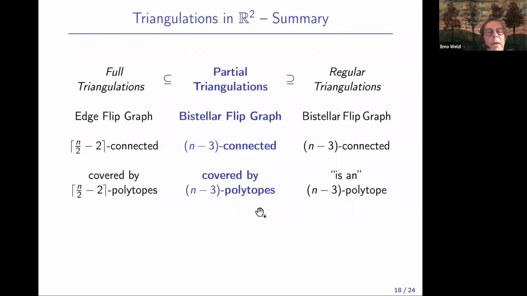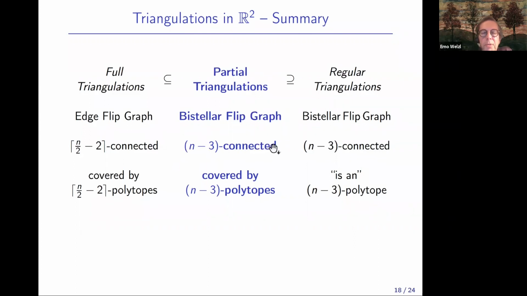So here I can summarize the situation as we have it. We have full triangulations, which are a special case of partial triangulations, and there are regular triangulations, which are also a special case of partial triangulations. Here we have the edge flip graph, the bistellar flip graph, and here also the bistellar flip graph of regular triangulations. By the secondary polytope, and Balinski, we know this is n-3 connected, so this was known.